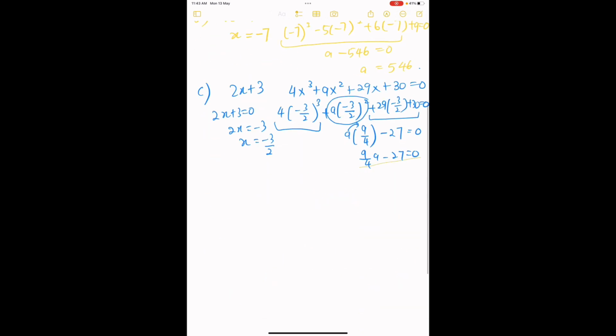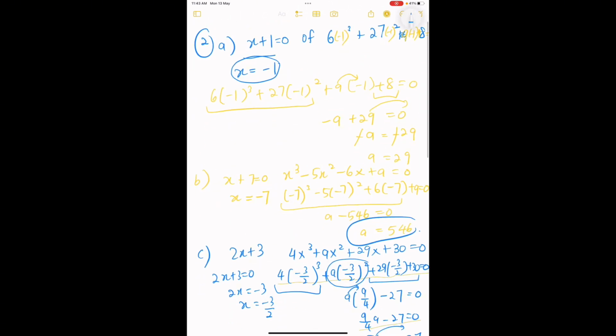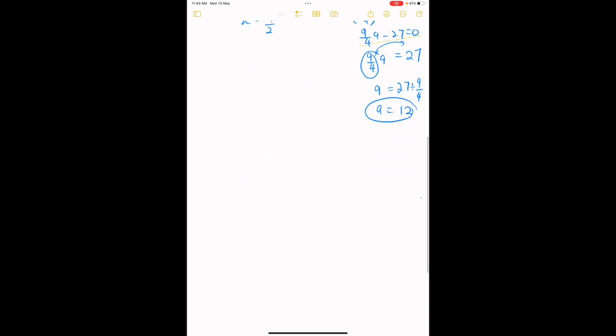So you want A alone, minus 27 change to the other side, become 27 equals 9 over 4A. This is multiply, this one change to the right, become divide. So 27 divided by 9 over 4, you will get 12. Okay, so this is for C. This is the value of A for C, this is the value of A for B, and this is the value of A for A.